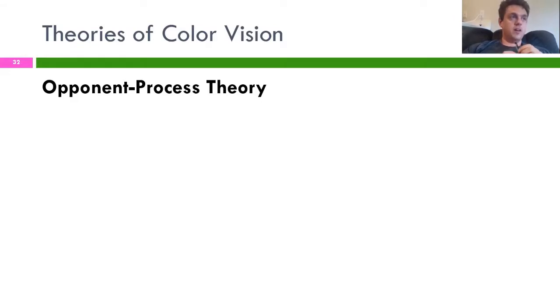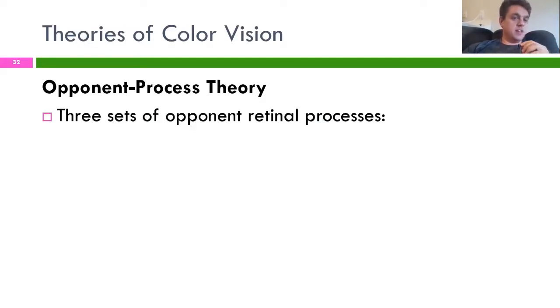If yellow is just a combination of green and red receptors working, if they have no red receptors working, they shouldn't be able to perceive yellow, right? They should just see yellow as green, but they still can see yellow for some reason. So this led to another theory, one called opponent process theory.